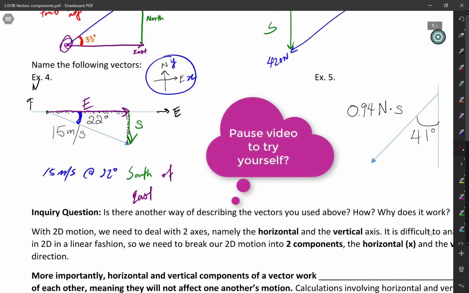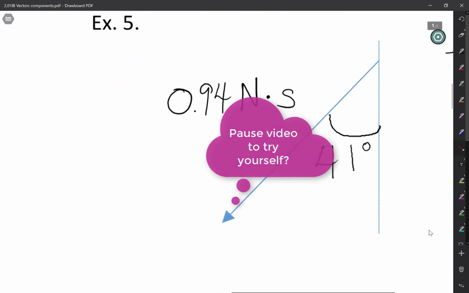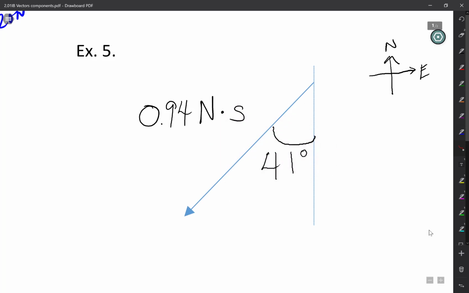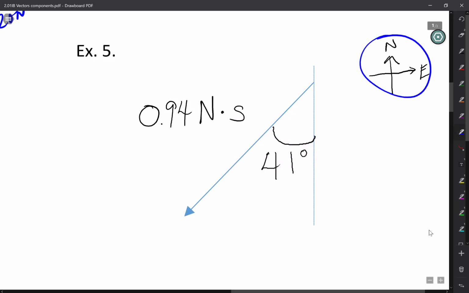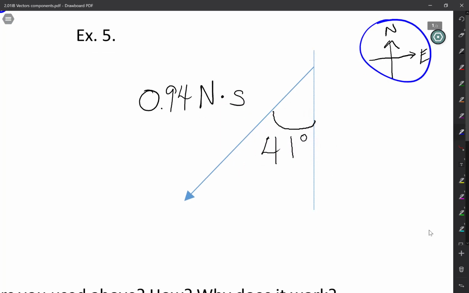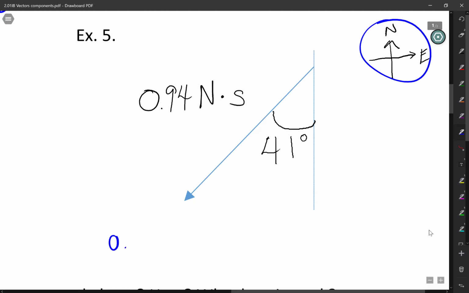Let's do another example. Example number 5. Also using this north, south, east, west as a coordinate system. To name this vector, we first start off with the magnitude, which is 0.94 Newton second. This we will talk about later as what it means. At 41 degrees.